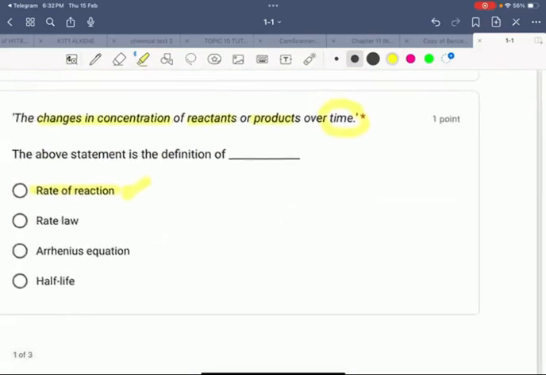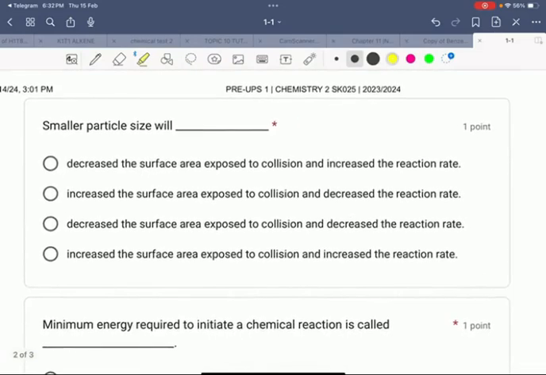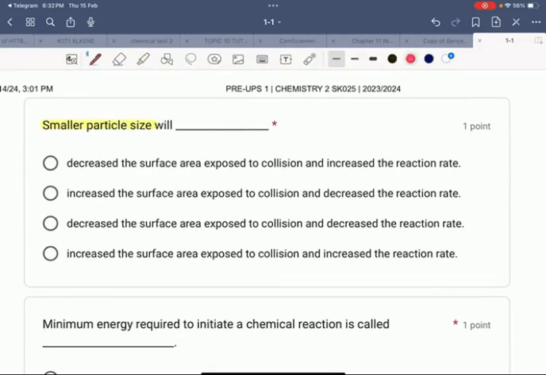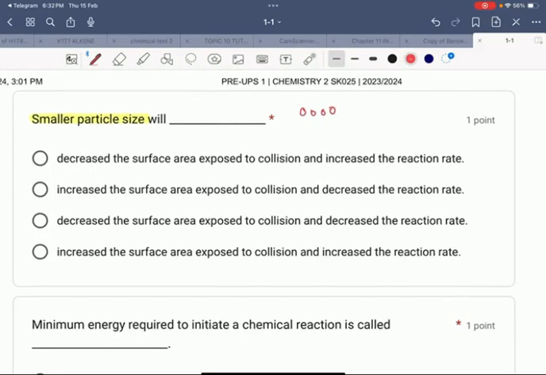Okay. The third question: smaller particle size will, in terms of reaction rate, if we have smaller particle size, make the surface area exposed to the reaction increased. So the first one, decrease the surface area, is a wrong answer.